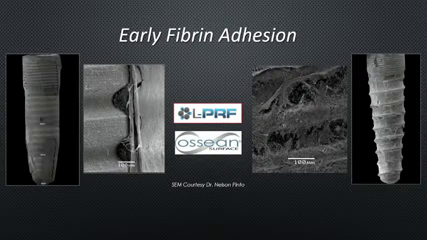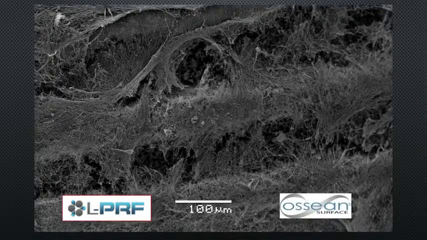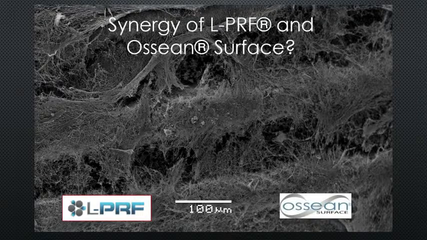And if we put those two implants side by side, same patient, two implants that have this calcium phosphate surface, look at the difference in fibrin attachment between the two implants. So already from day one, from the moment we're placing our implants, we have a qualitative difference in just the attachment of fibrin.